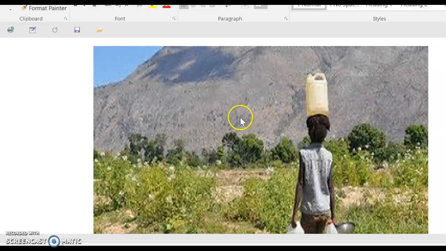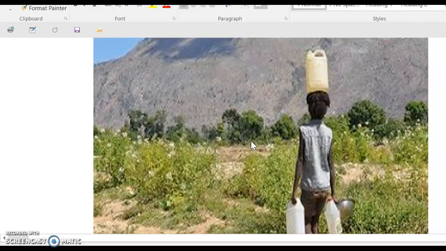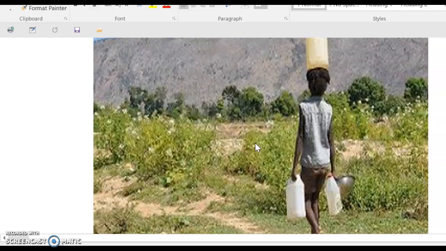So I wonder why she's walking there. I wonder, does she do this every day? Does she do this every week? I wonder why. And I wonder what is going to fit in these bottles and bowl. And I wonder, is she going to come back the same way with all this full.